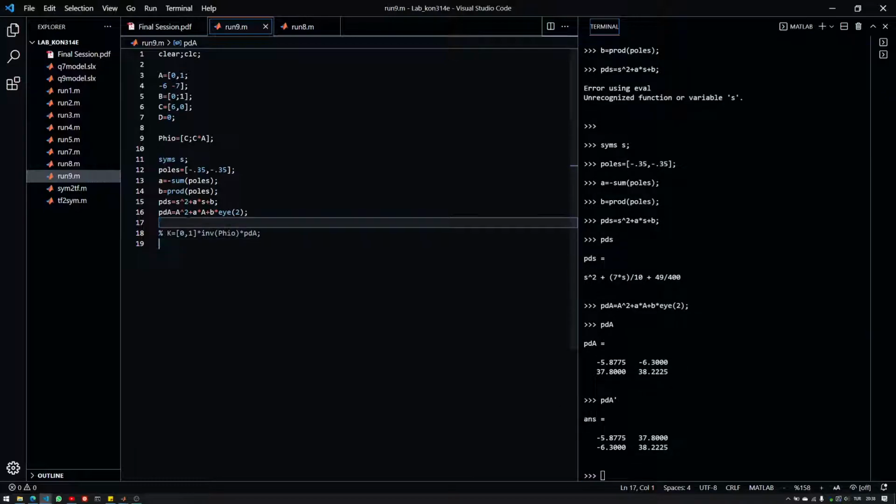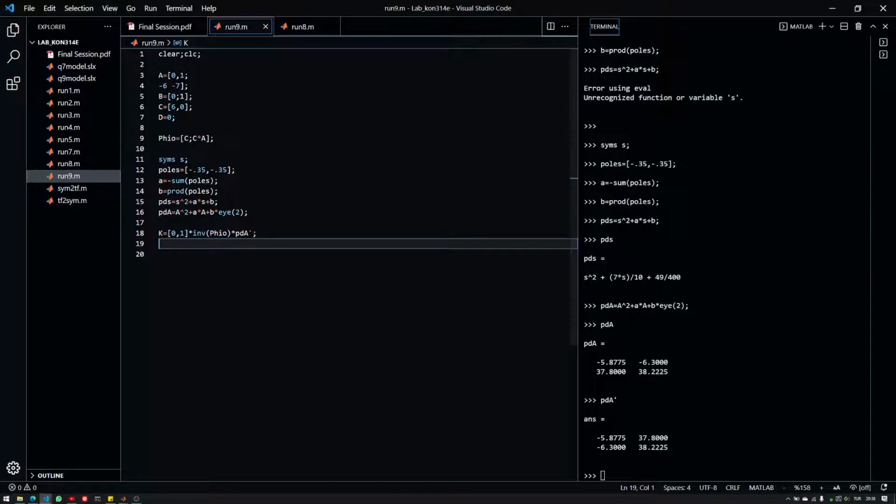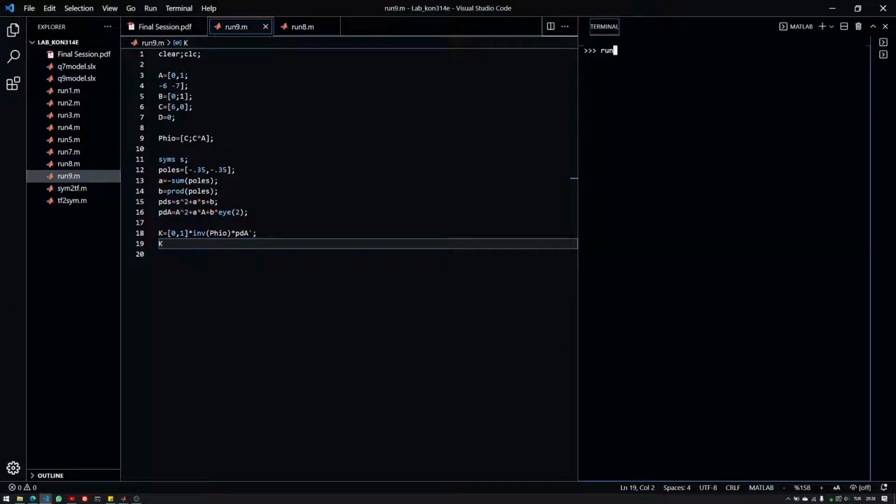Now, the only thing that is left here is to calculate this K value. Of course, this needs to be transposed.